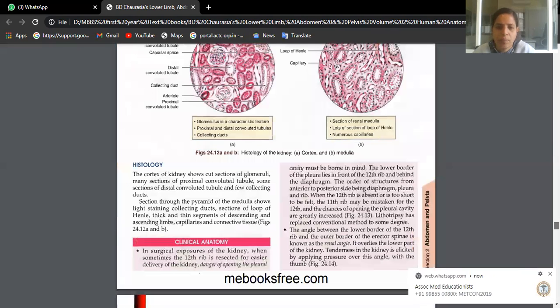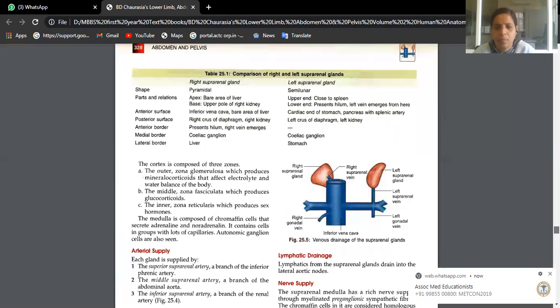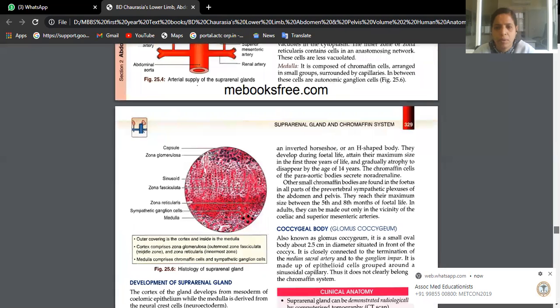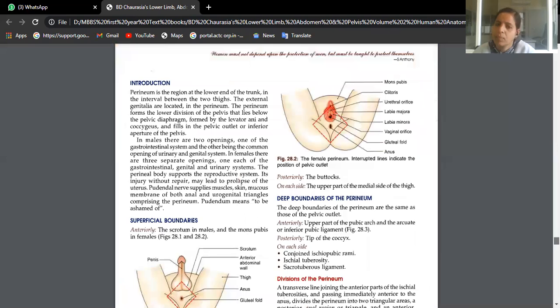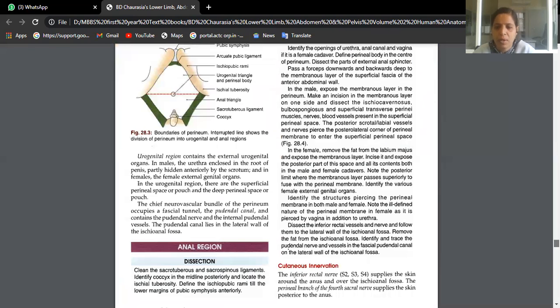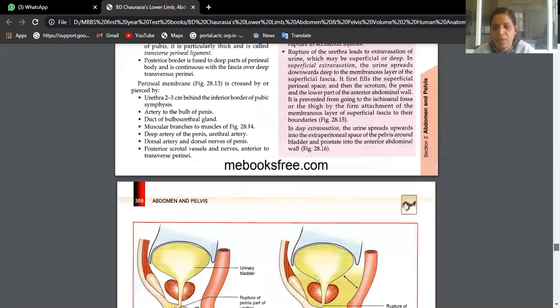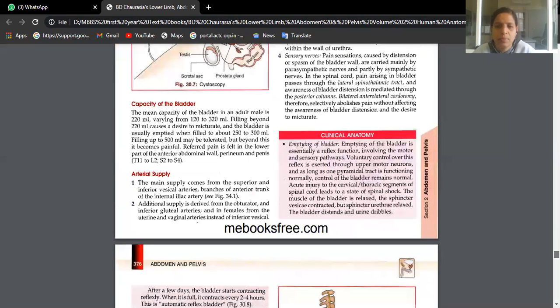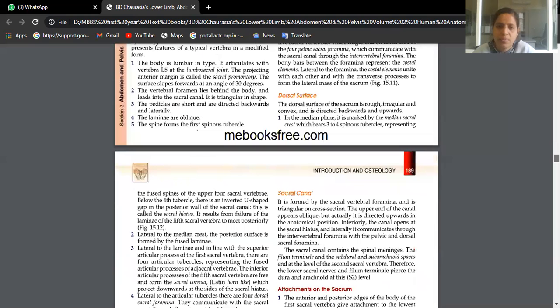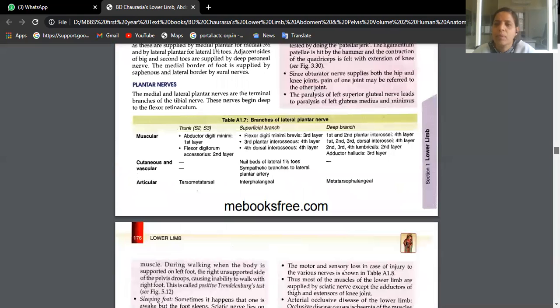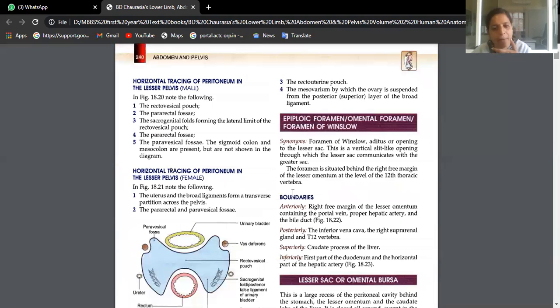Stomach, very good. Gastric impression, renal impression, esophageal impression. Any other?